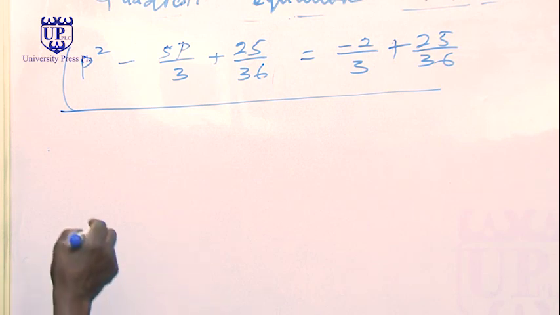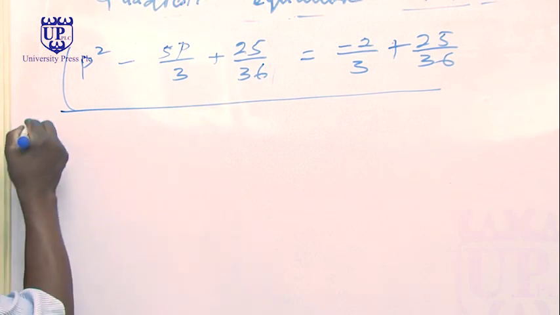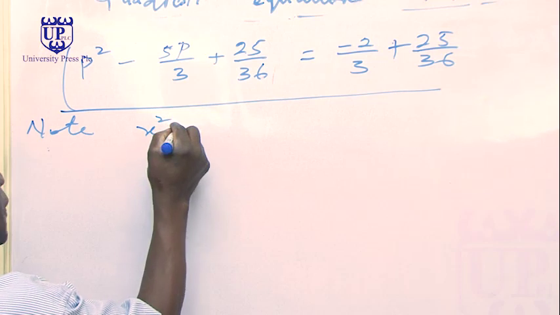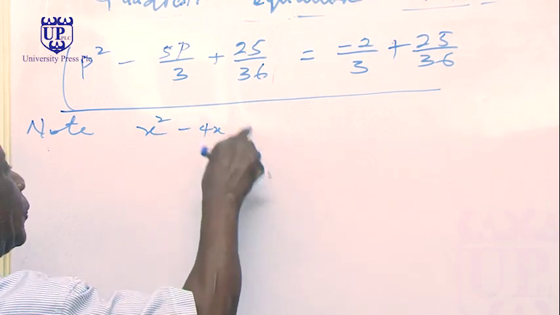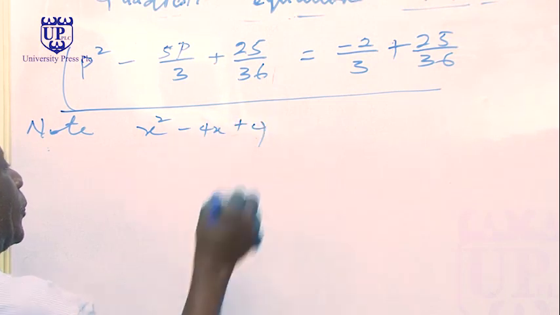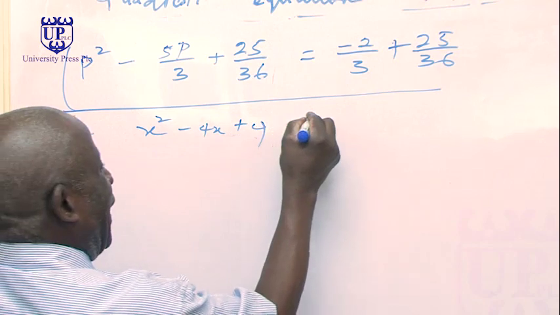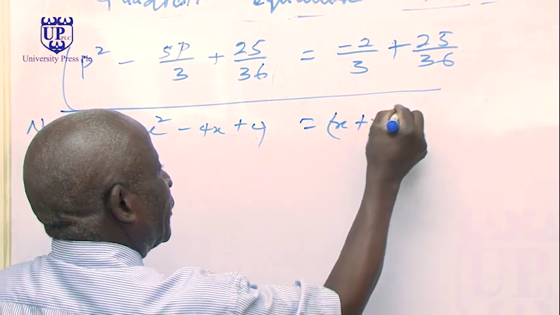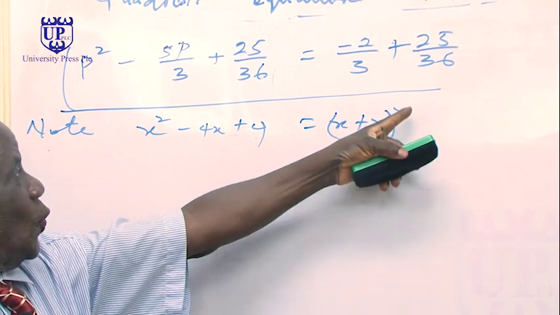When you have something like x squared minus 4x plus 4, this is the same thing as x minus 2 all squared. Why? Half of this is this, all squared.